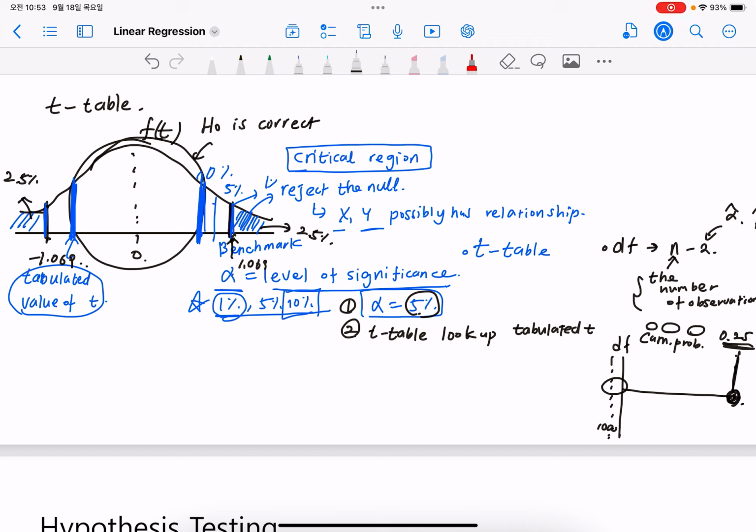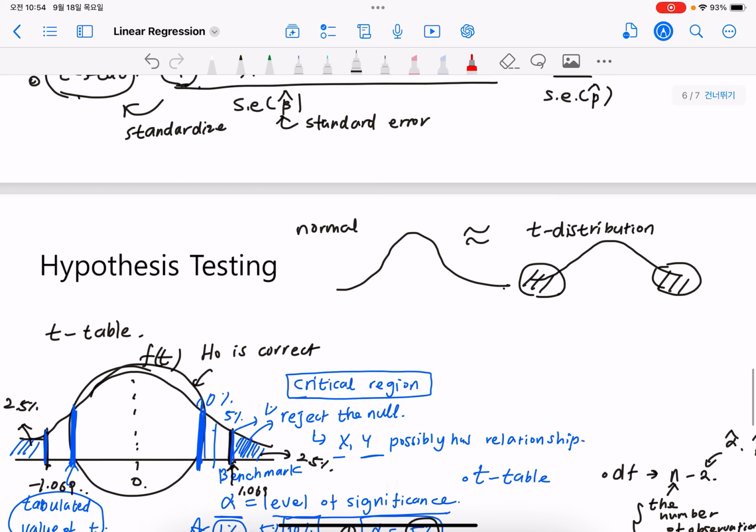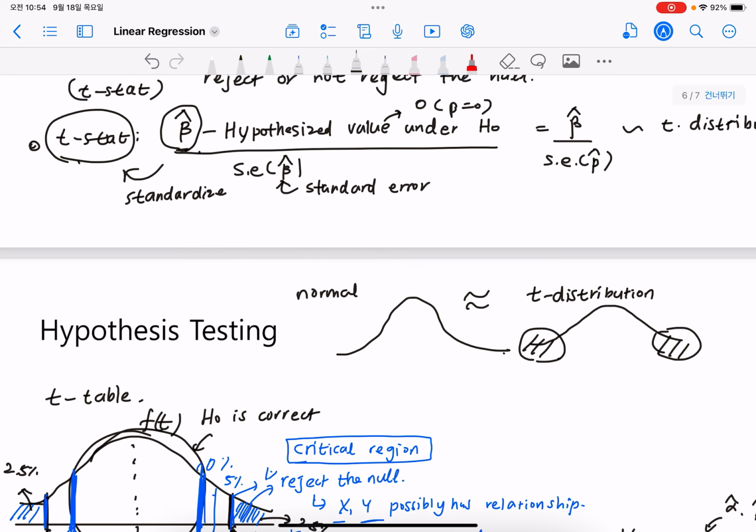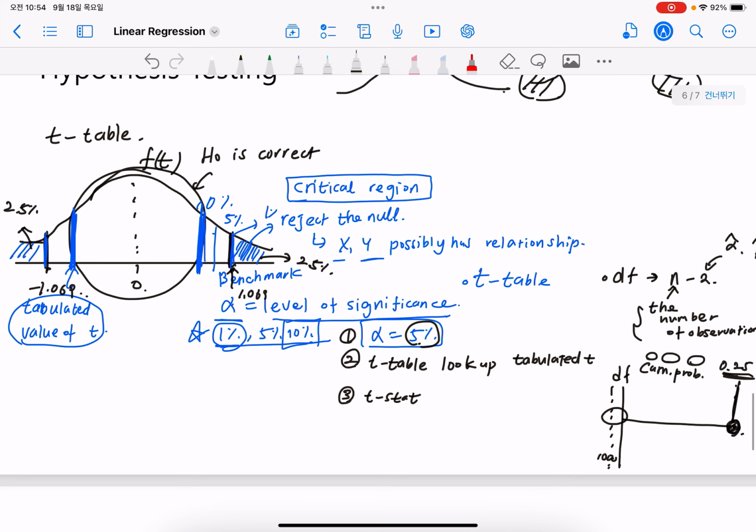So once you decide what the tabulated value is, then you can calculate the t-statistic that I have shown you, which is beta hat over the standard error of beta hat.